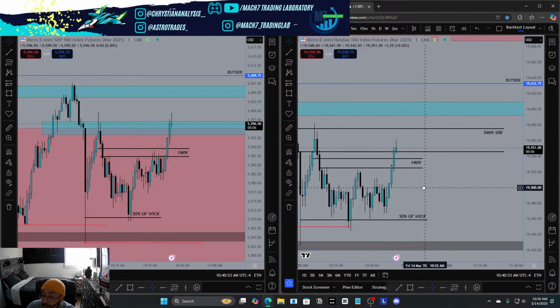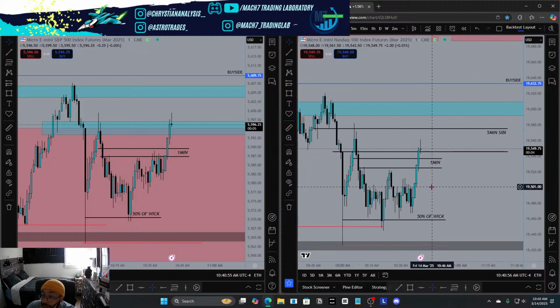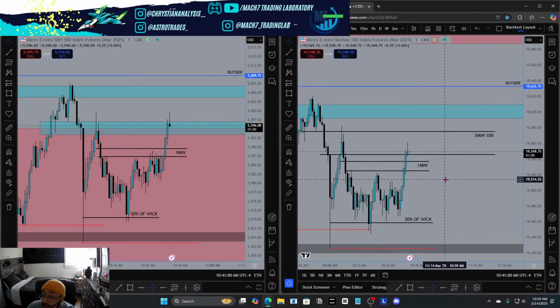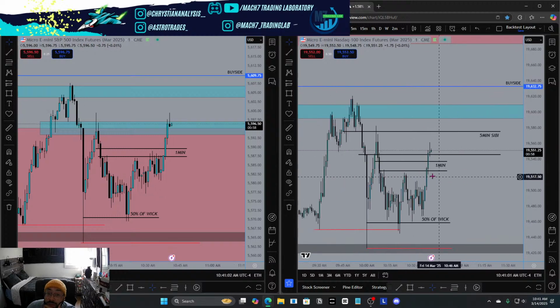Let's see. Do we get a retracement just at least into this candle in here?